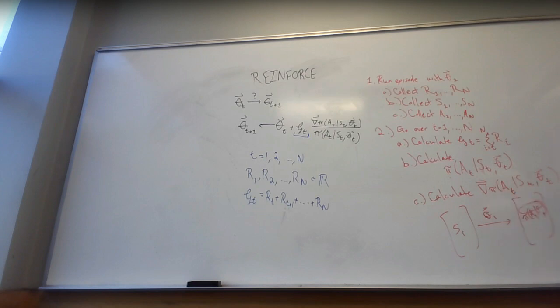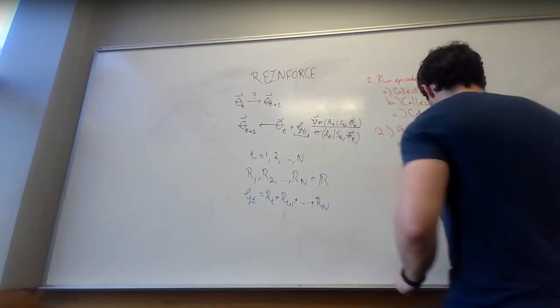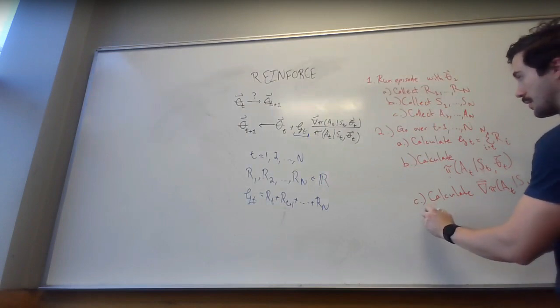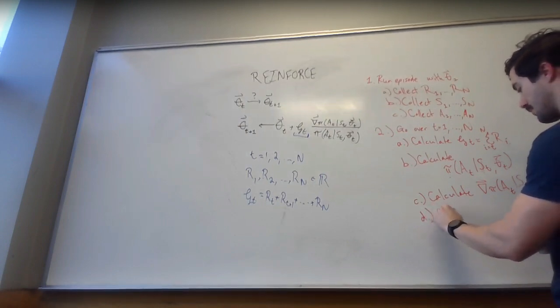You form that vector. Okay. So that's all the hard stuff. But you have to come back for the second time and all the others and do something different. And then finally, you do the update rule.